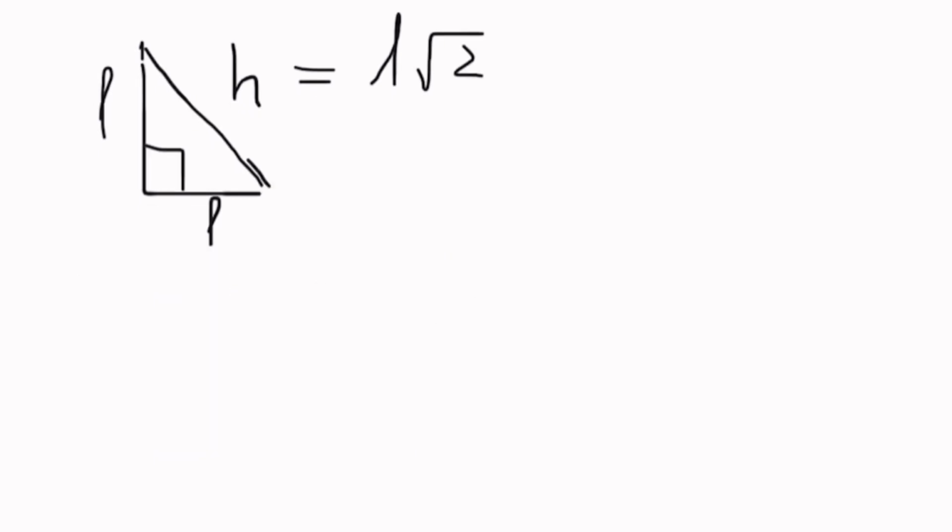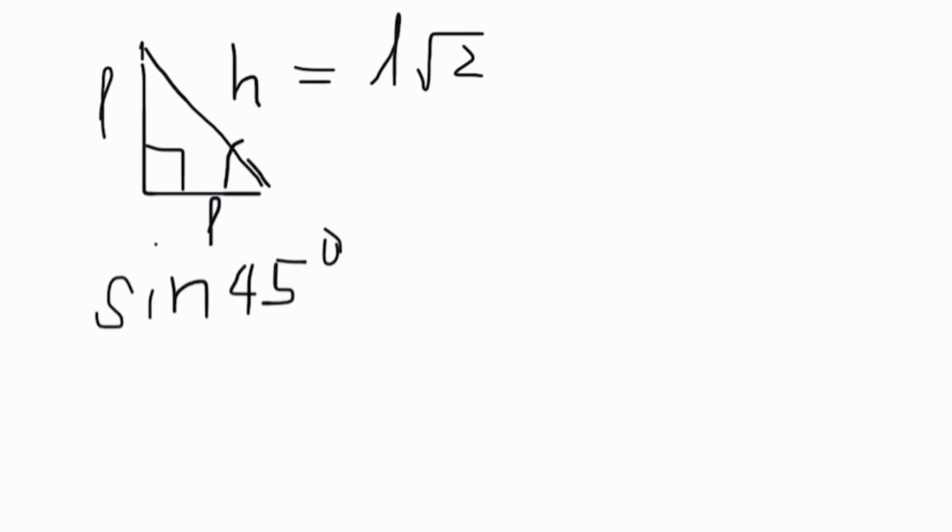Now, if we're going to have the 6 trigonometric ratios, first is the sine of 45 degrees. So, if we are going to have this angle as our reference angle, this is 45 degrees.